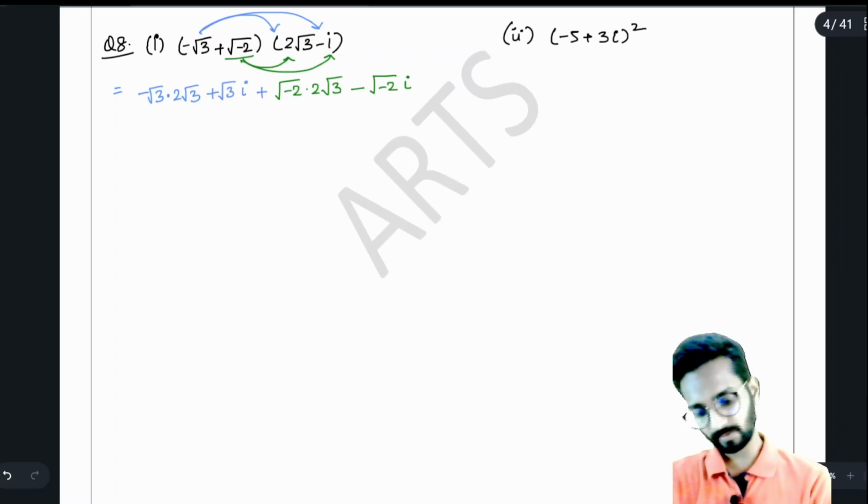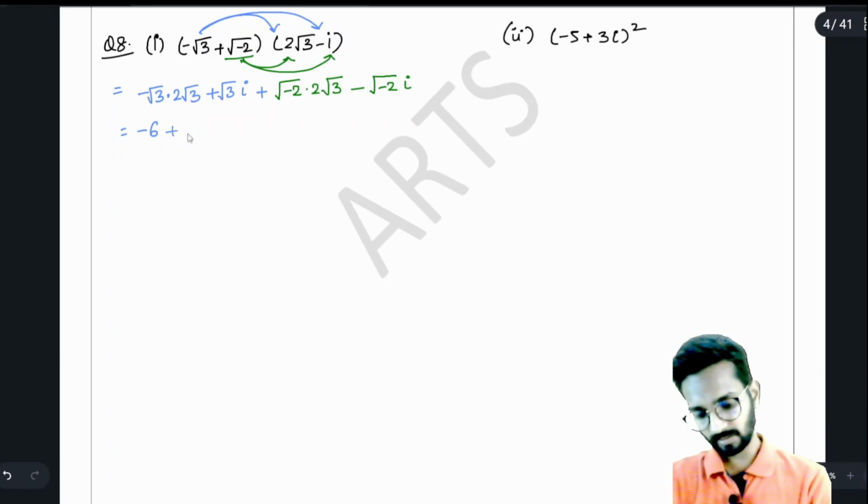Now when we are solving it, 2 root 3 into root 3 will be 3, so minus 6 it will become. See how? This root 3 and root 3 will become 3, and there is already 2 given, so into 2, minus is there, 3 into 2 is 6. Very simple. Now negative 6 has come.